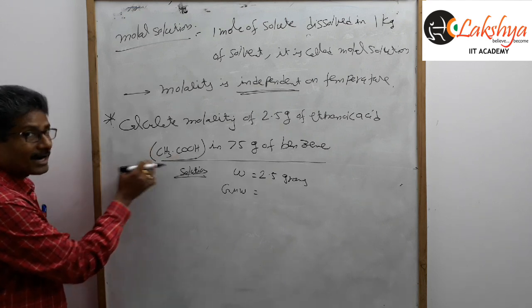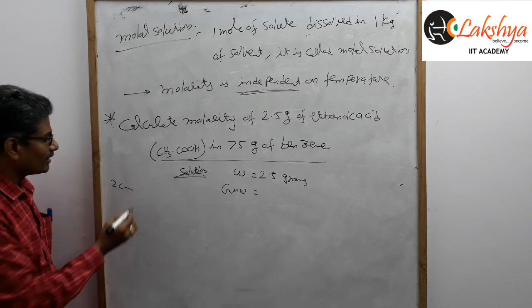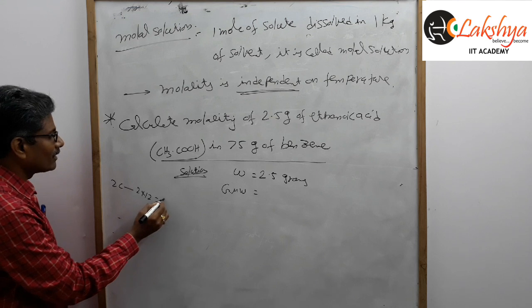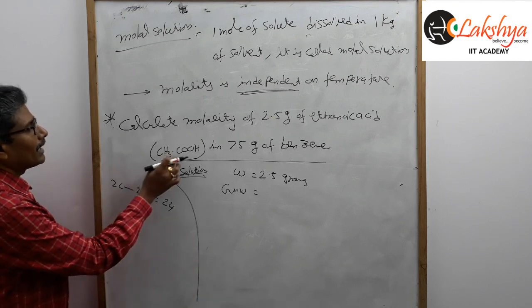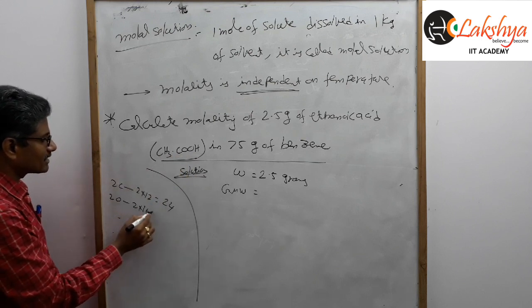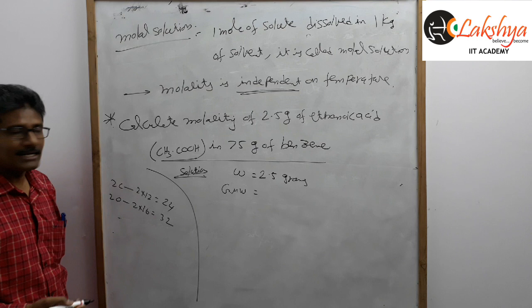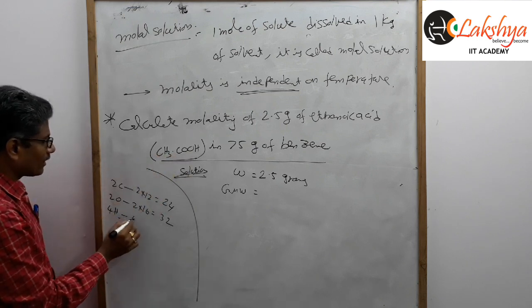This one contains 2 carbon atoms. Carbon atom weight is 12. So 2 into 12, 24. And 2 oxygen atoms are there. Oxygen atom is 16, so 2 sixes are 32. And 4 hydrogen atoms are there.